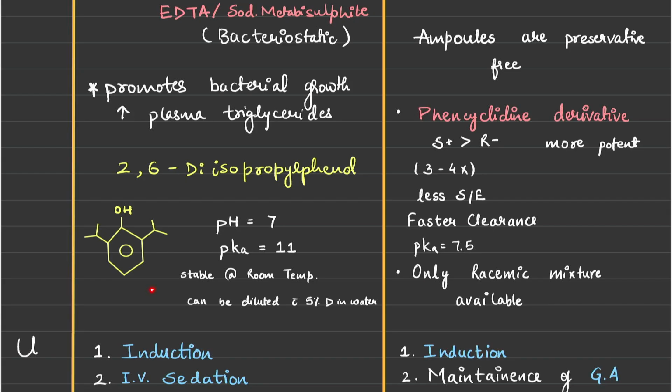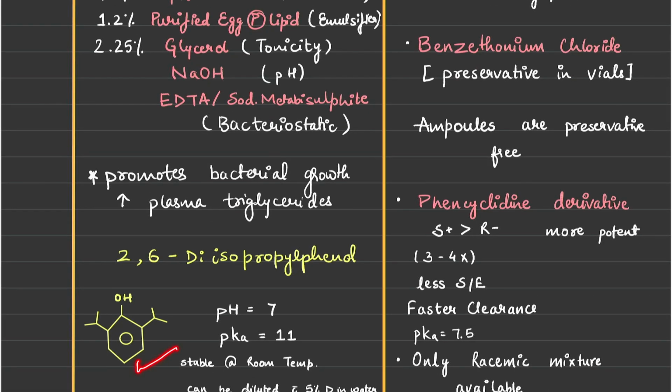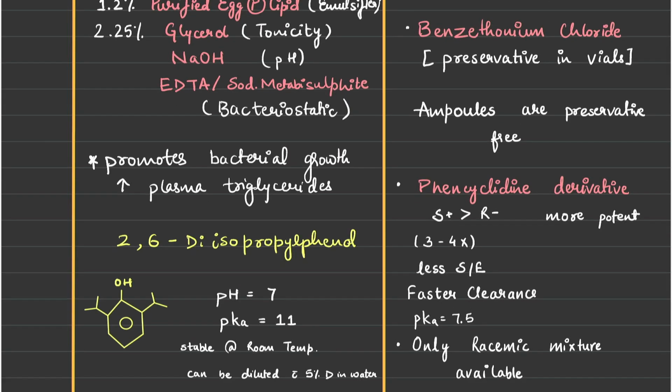The composition is stable at room temperature, and it can be diluted with 5% dextrose in water. So this is the class of drug. Class of drug is induction agent. Chemical composition is this, chemical structure is this, and formula is 2,6-diisopropyl phenol.